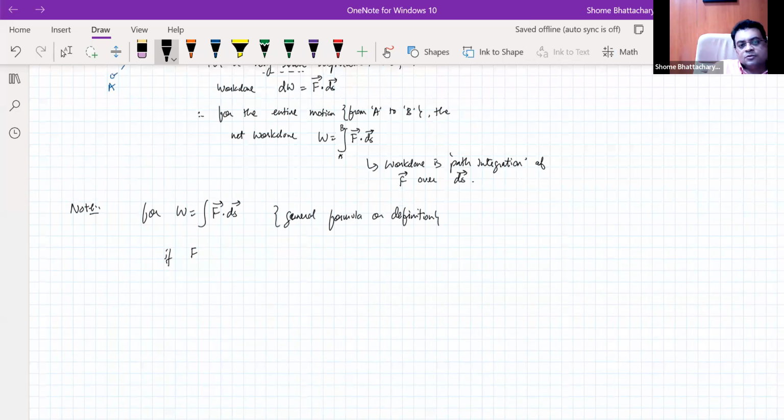If the force happens to be constant, then we can see that work done, which is integration of F dot ds, will automatically become F dot s.